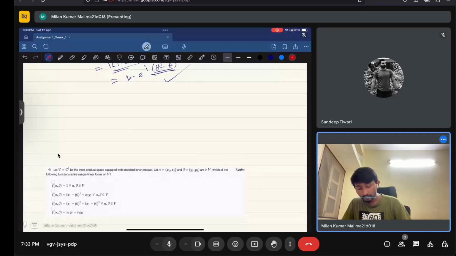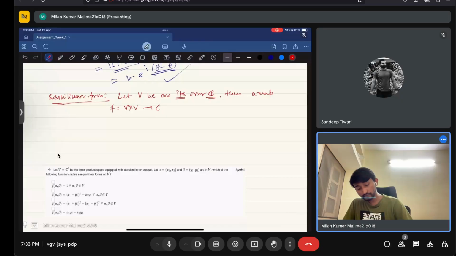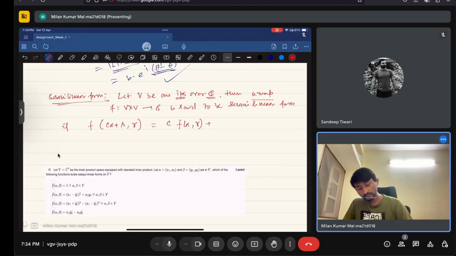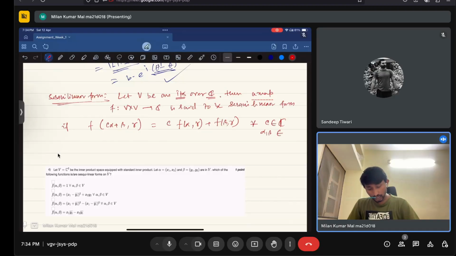Let V be an inner product space over the complex field C. Then a map F from V cross V to C is said to be a sesquilinear form if f of (c alpha plus beta, gamma) equals c into f(alpha, gamma) plus f(beta, gamma) for all c in the complex field and alpha, beta, gamma in the inner product space.